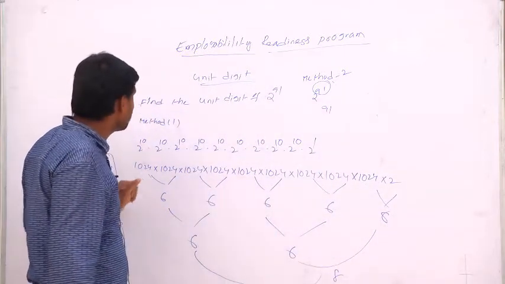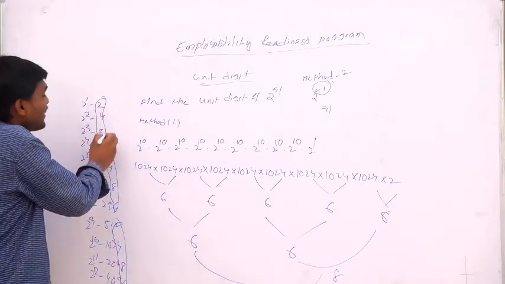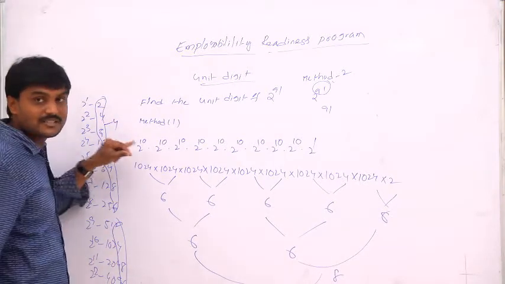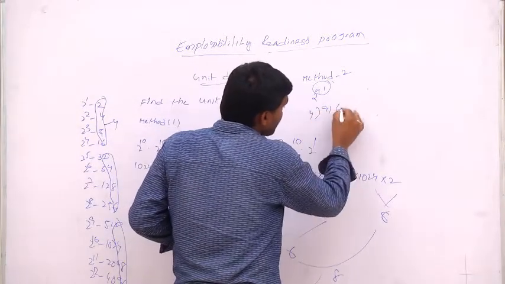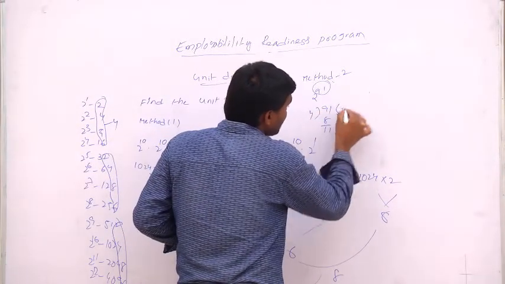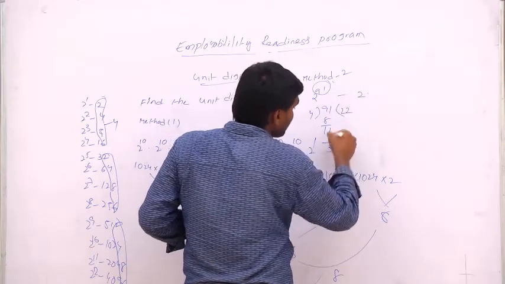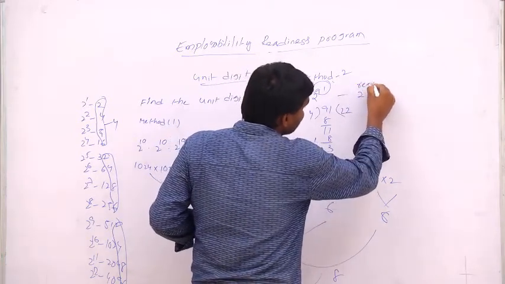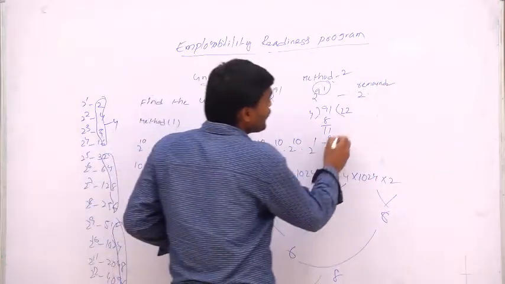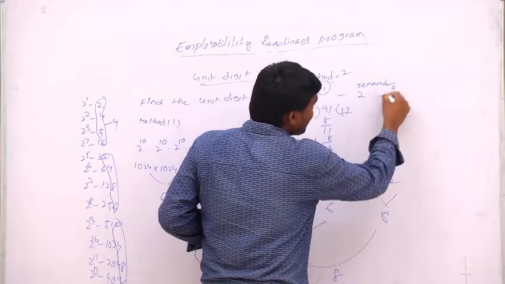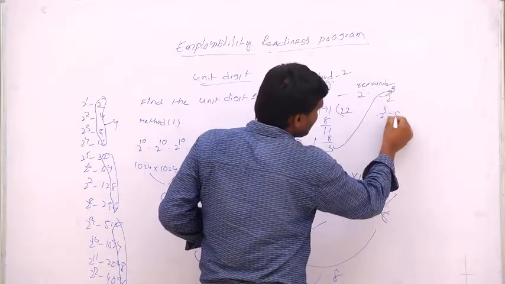The power value should be divided by the number of elements that repeat. Four elements are repeated, so it should be divided by 4. 4 times 2 is 8, 1, 1; 4 times 22 is 88, and the remainder is 3. So it gives 2 power remainder, that is 2 power 3, so 2 cube equals 8.